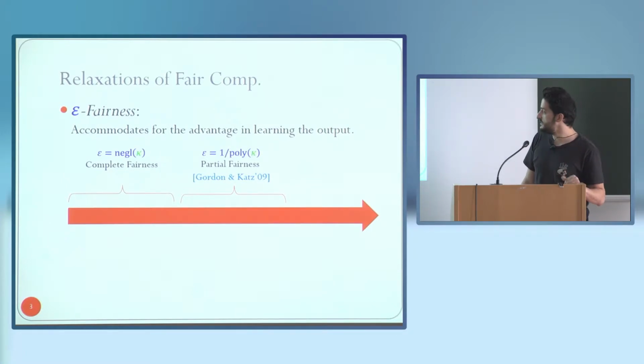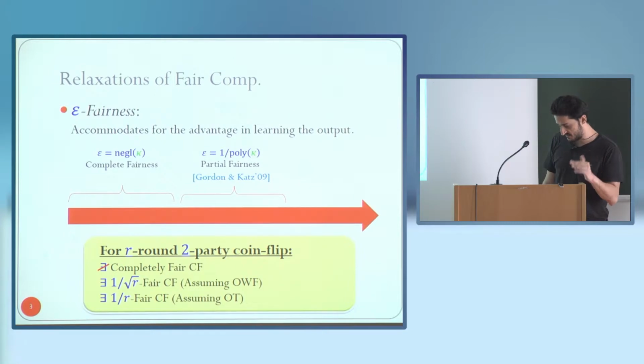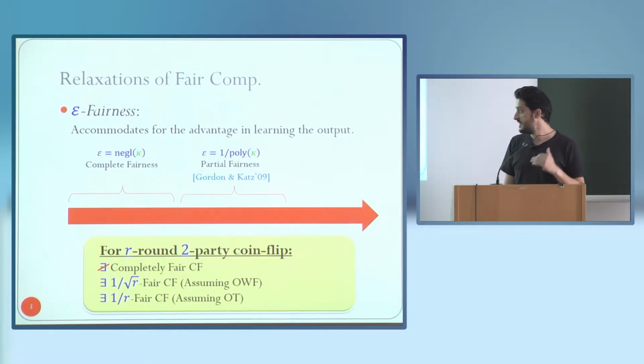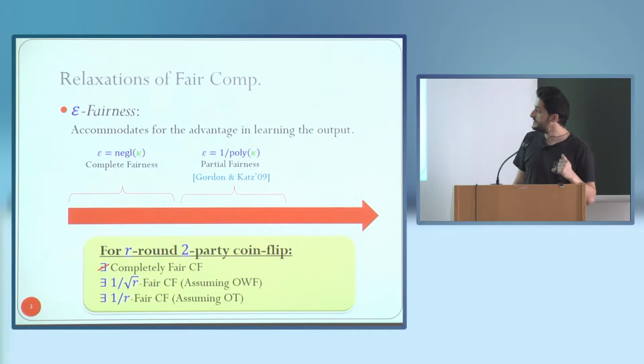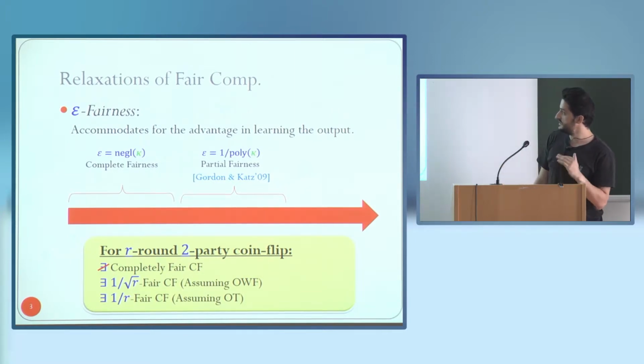So if we zoom into a specific functionality, the specific functionality that I'm interested in, which is coin flip, so basically two parties are trying to compute a uniform random bit, it can be shown that, I'm going to talk about these results in a moment again, but just to give you the spoiler.